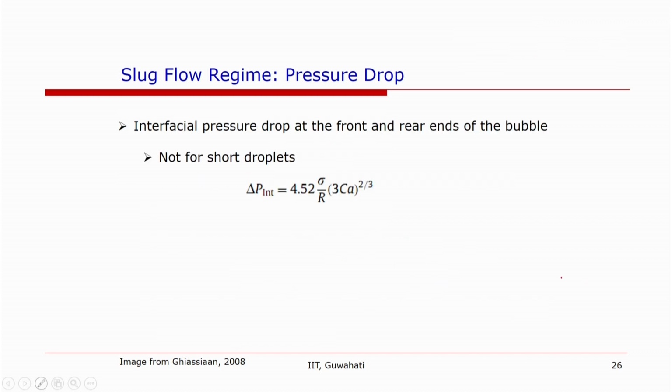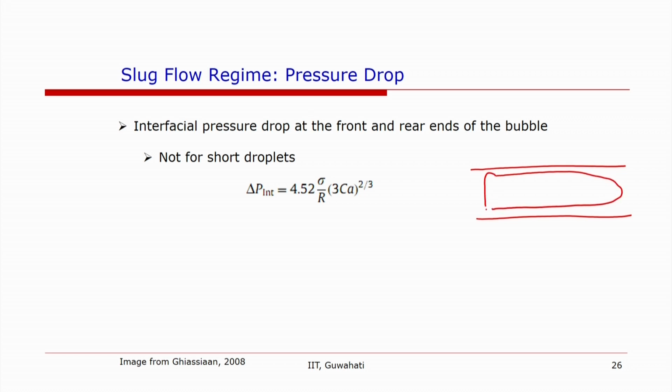And then the third is the pressure drop at the front and rear ends of the bubble. So it will depend on the curvature at the two phases. If you consider the point here and the point here, the pressure drop at the front, because the pressure in the gas is almost uniform, you can say the pressure in gas here and pressure in gas here is the same.